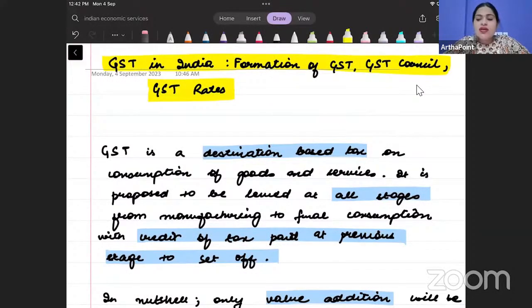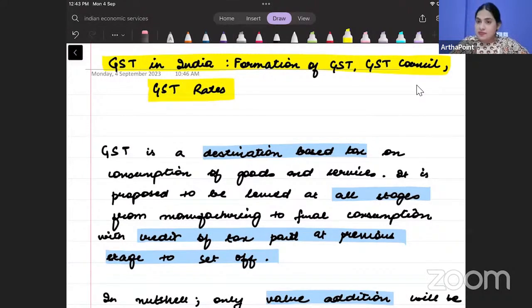But usually we want to go ahead and we want to also look into the economic side of GST. हमें GST की economic side भी देखनी चाहिए. Economic side मतलब क्या? Before GST कैसा impact था टैक्स का गवर्नमेंट पर और लोगों पर, और आफ्टर GST क्या impact है लोगों पर और गवर्नमेंट पर?